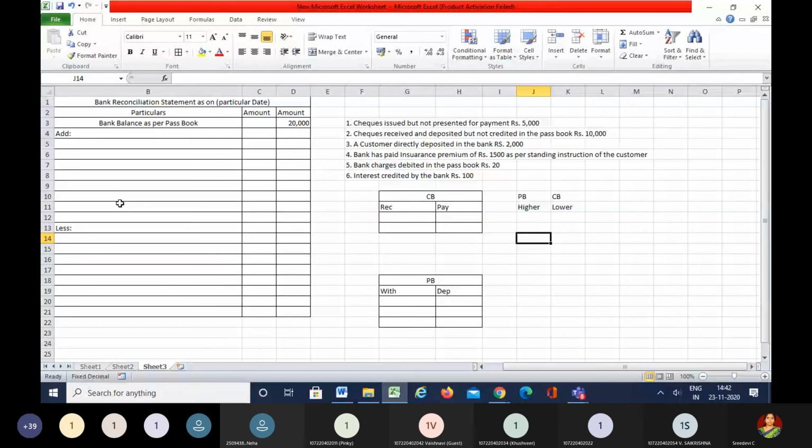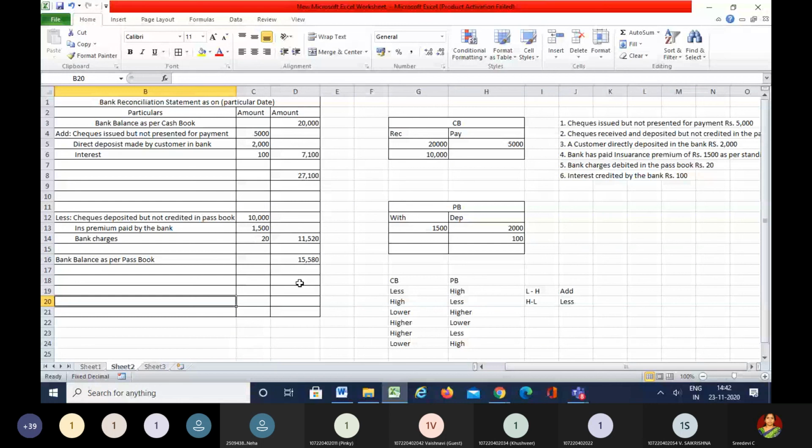Yes, ma'am. Okay, so I will share this with you all in the WhatsApp group. For today, everyone is going to write up the transactions given and also prepare the bank reconciliation statement, and find out the balance as per the passbook. Can you just tell me what is the balance as per the passbook here?